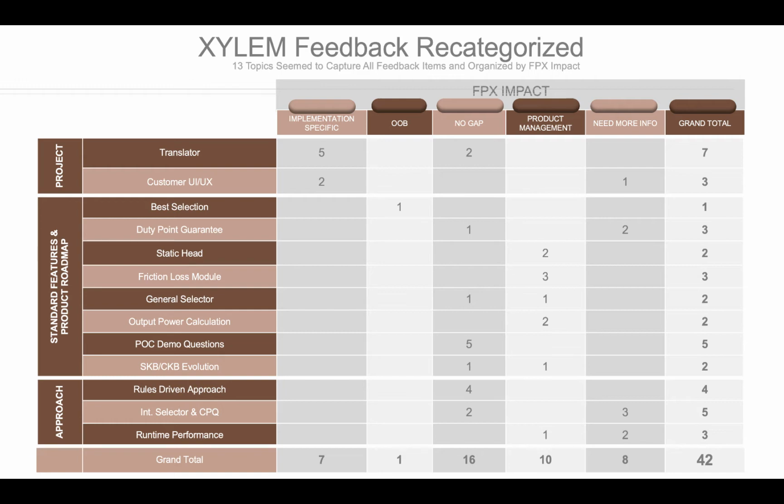So jumping right in, we were able to recategorize the feedback into basically 13 categories that impact the FPX implementation or product. We've broken this down into 3 key areas. One of the areas is what we consider project type items. These are items that typically would be addressed in any implementation.